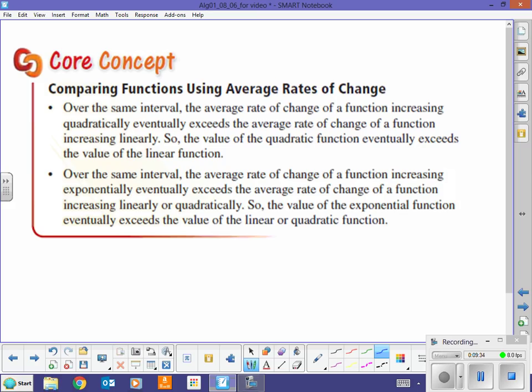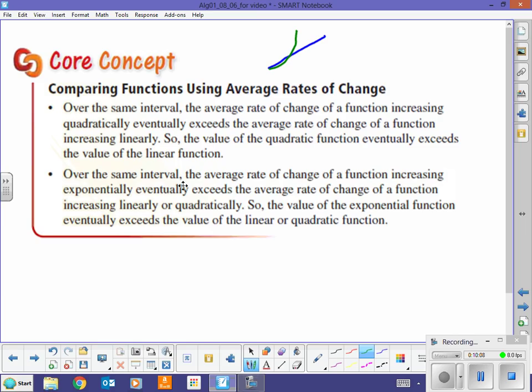Well, that means a linear function has a constant rate of change, and a quadratic function starts off slow, so it shouldn't be below that line at first, but then eventually its rate of change will increase and exceed the linear function.